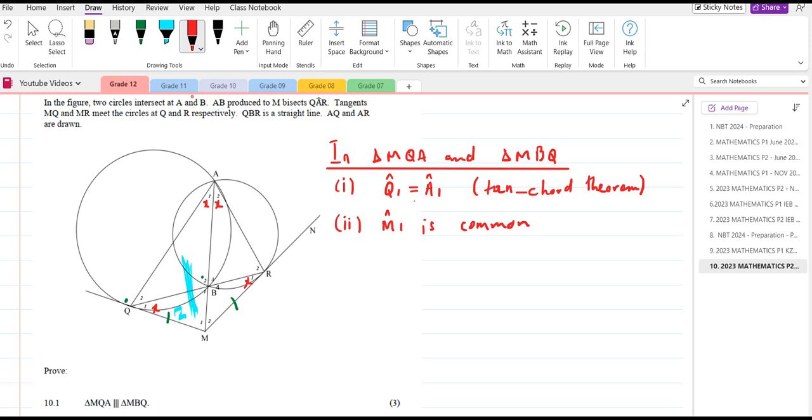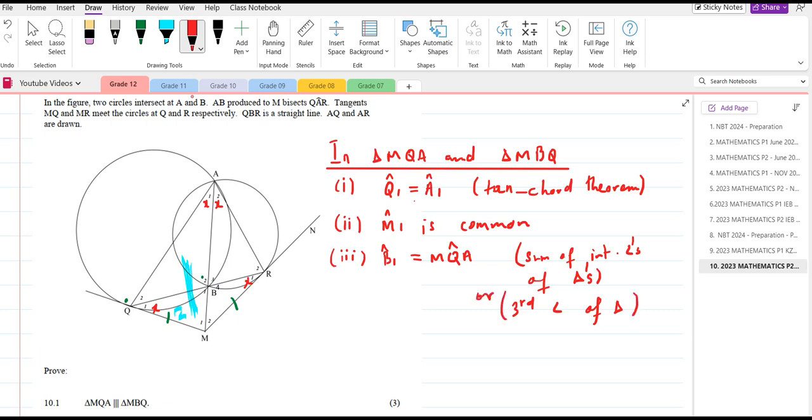So I used up angle M1 and angle Q1, and then angle B1 is equal to, so I used angle A1 here, there, is equal to angle MQA. That's the remaining angles, or third angle of triangle, or you can say, I like to say, sum of interior angles of triangles, right?